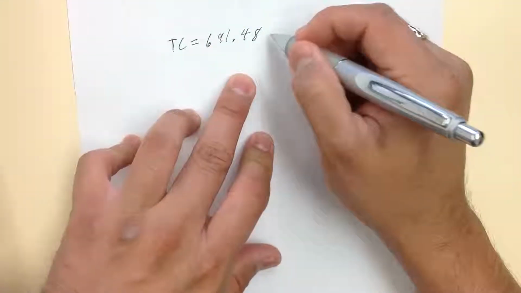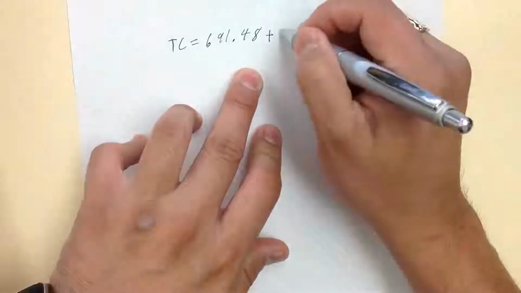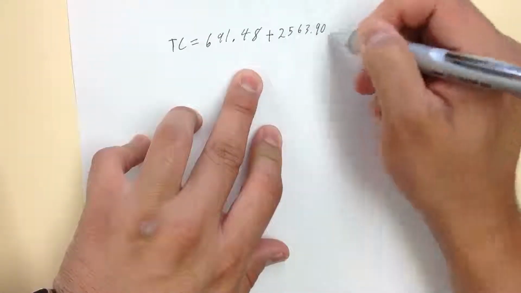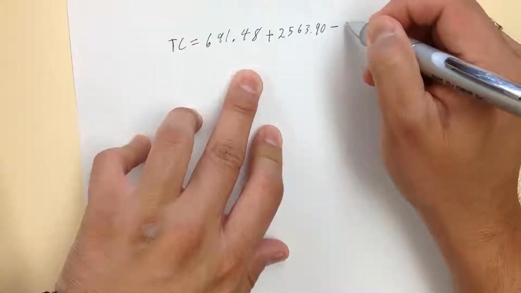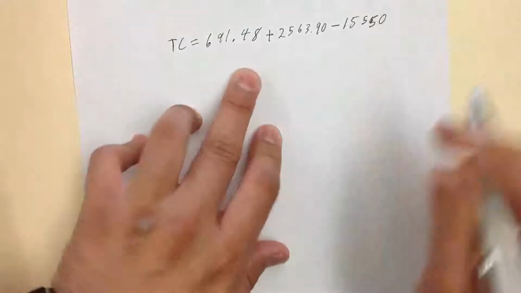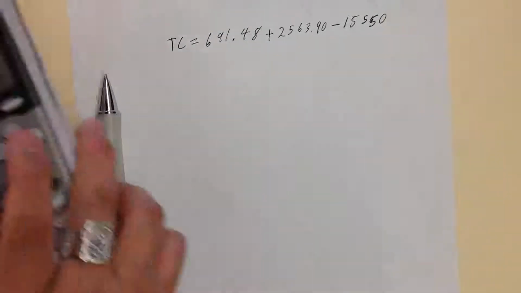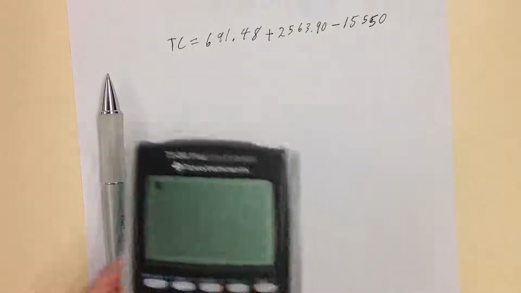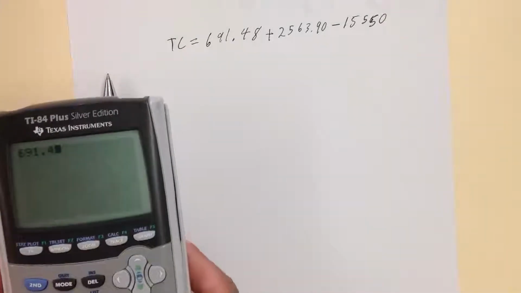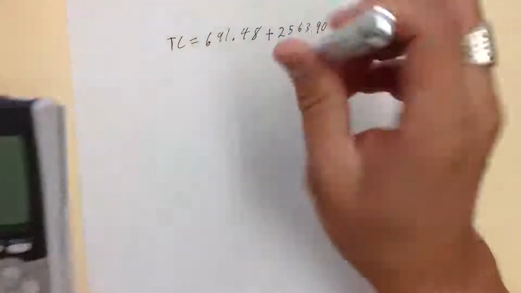So TC is equal to the payment, $691.48, and we're going to add our 10%, which is 2563.90, minus the value of the car, which was $15,550. Oops, I've made a mistake.